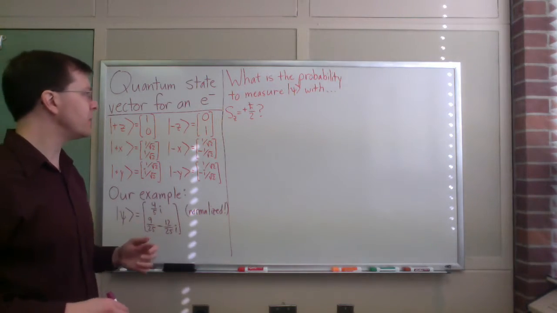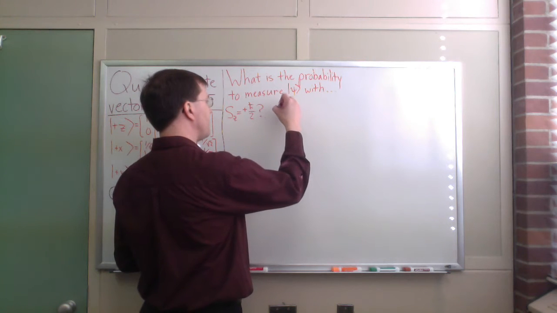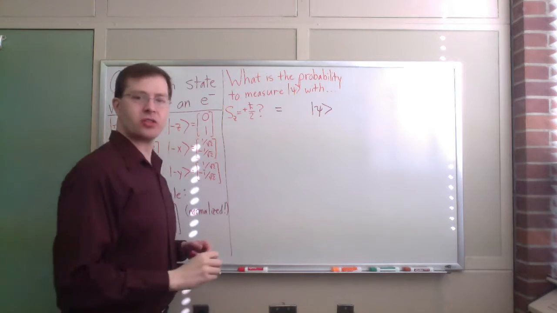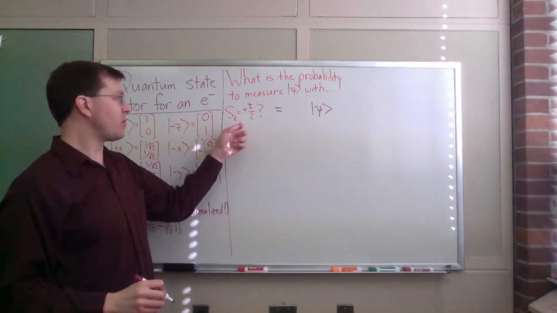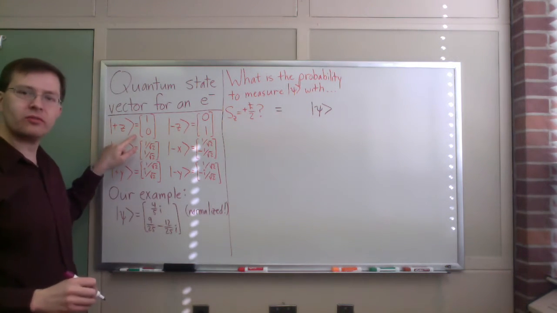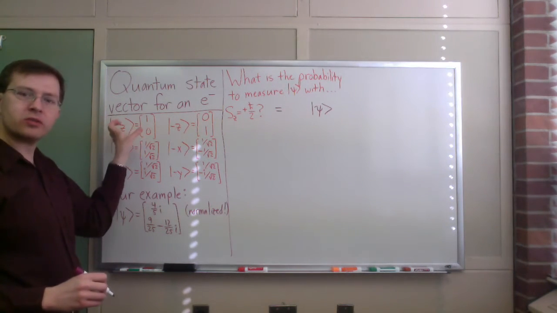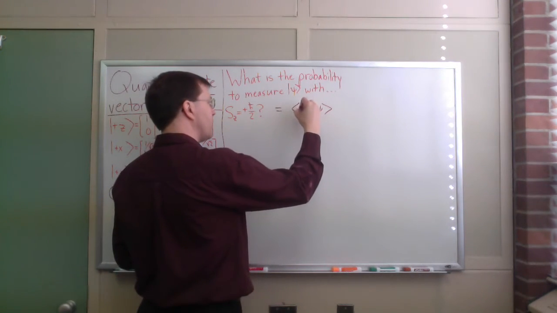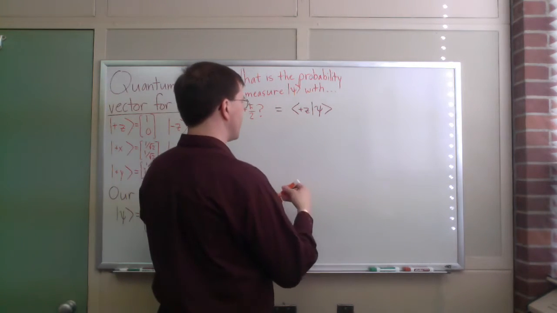So in particular, if I start in state psi, I always have the ket psi as my starting point for that state. Then, if I want to ask what's the probability to be measured in this particular quantum state, I look at the quantum state vector that I'm measuring it in. I have to take the conjugate transpose to get the corresponding bra.